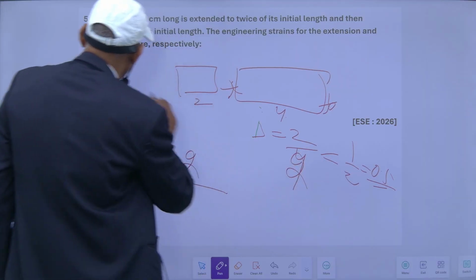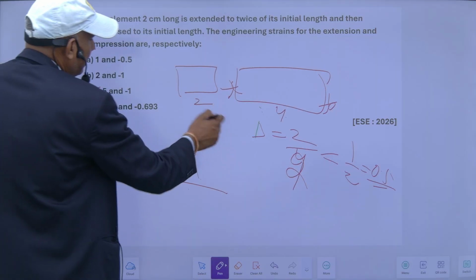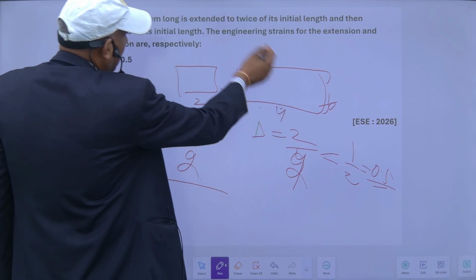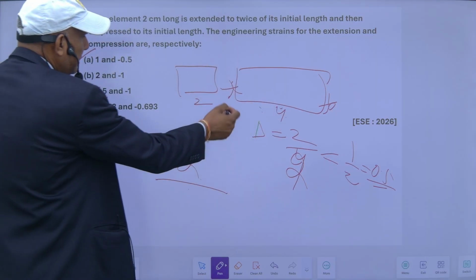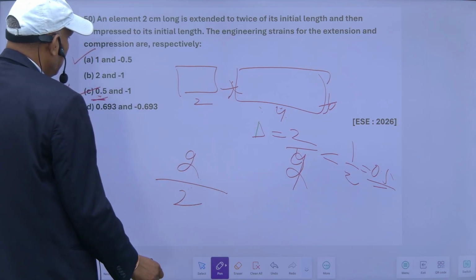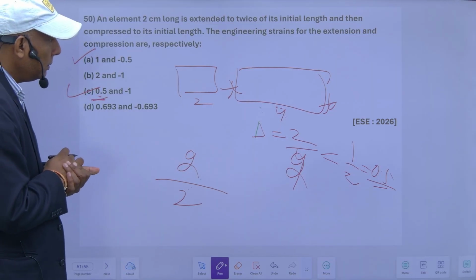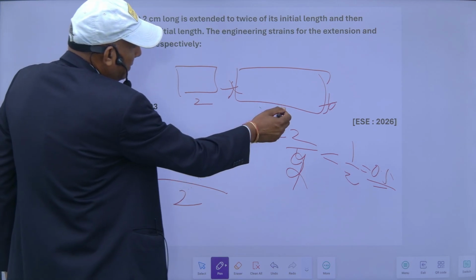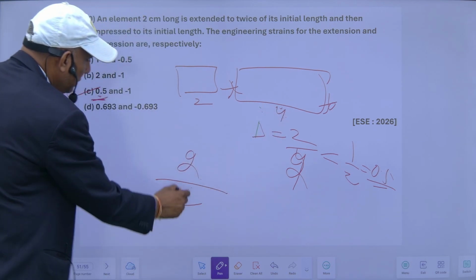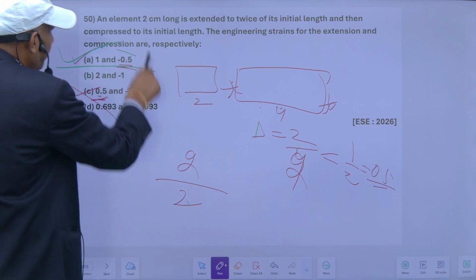So this will be 1. And in this case it will be compression, from 4, and after this compression it will change to this. So change in length upon original length, in this case the original length will be 4. So this will be 0.5. So the correct answer is A.